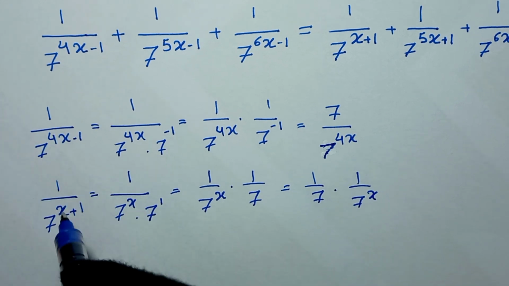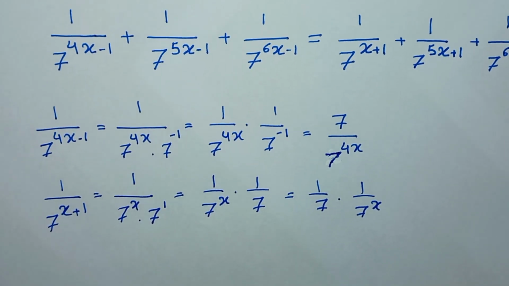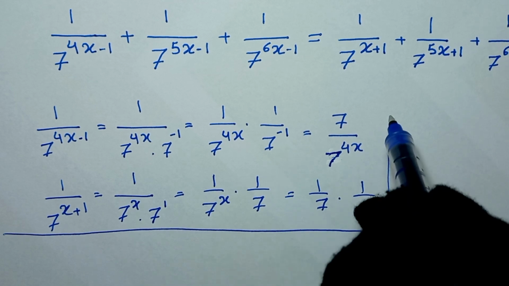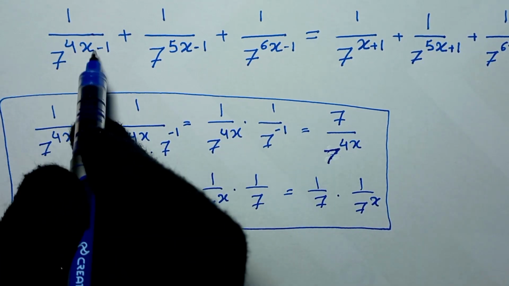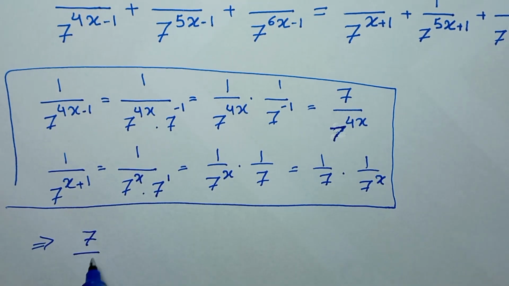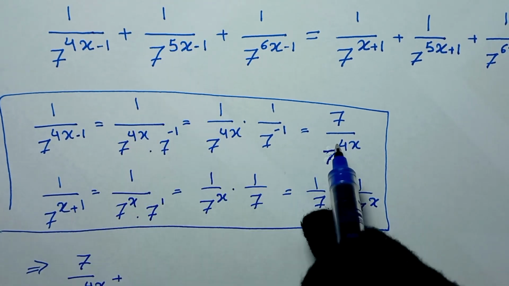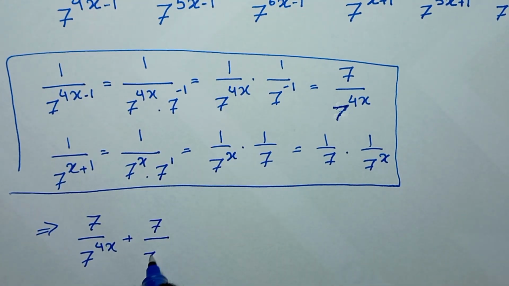So from these two fractions, we rewrite this equation and it will be in here. This is equal to this 7 over 7 to the power of 4x and plus, in here, we can write this in this form and it will be 7 over 7 to the power of 5x, right?